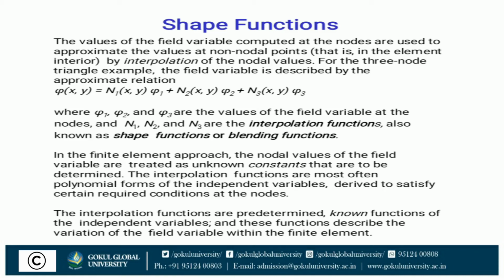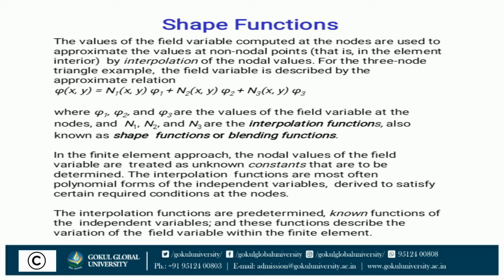At point 1, we have x1, y1, and at point 2 on the inclined line, x2, y2, and in the same way on the other side, x1 dash, y1 dash and x2 dash, y2 dash, right.